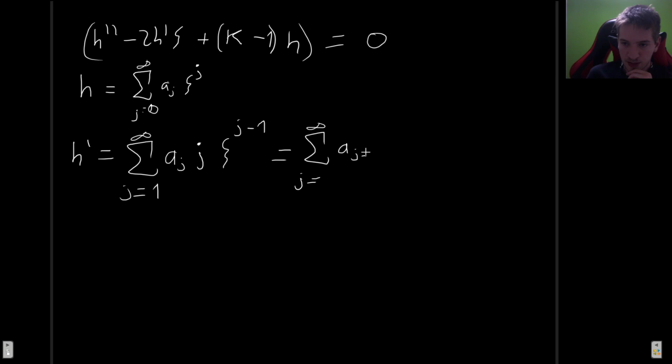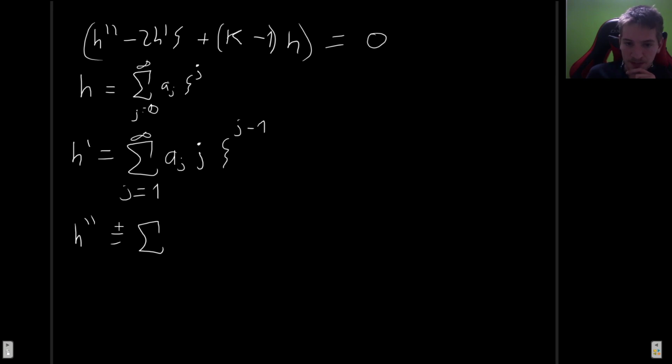So a j plus 1 times j plus 1 times, oh, actually that is not going to be necessary, but it is good that I talk about it because we are going to use it next time. Usually we do this, but there's no need because there's an xi multiplying it. I'm sorry about the confusion. There's no need to do that yet. We will have to do it for the double prime though. That's why I began doing it there.